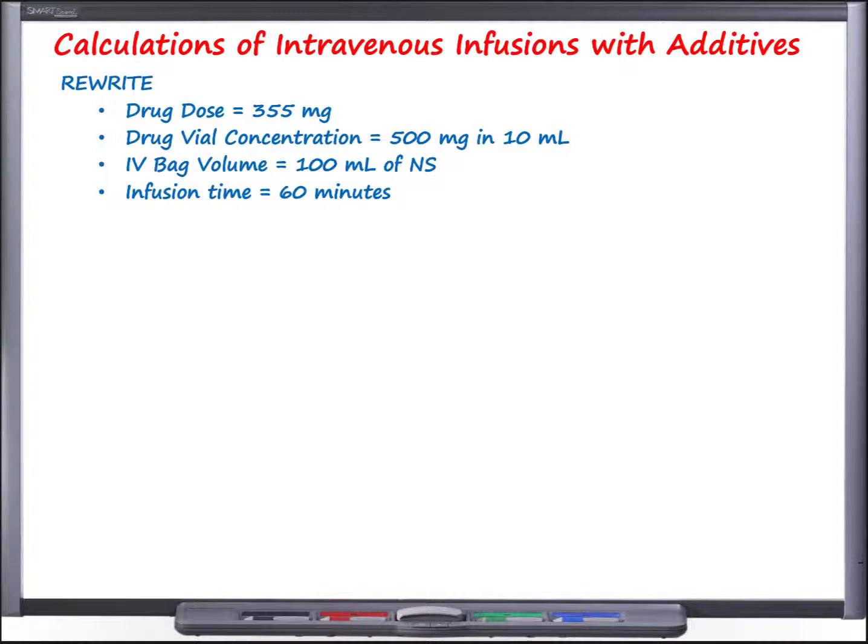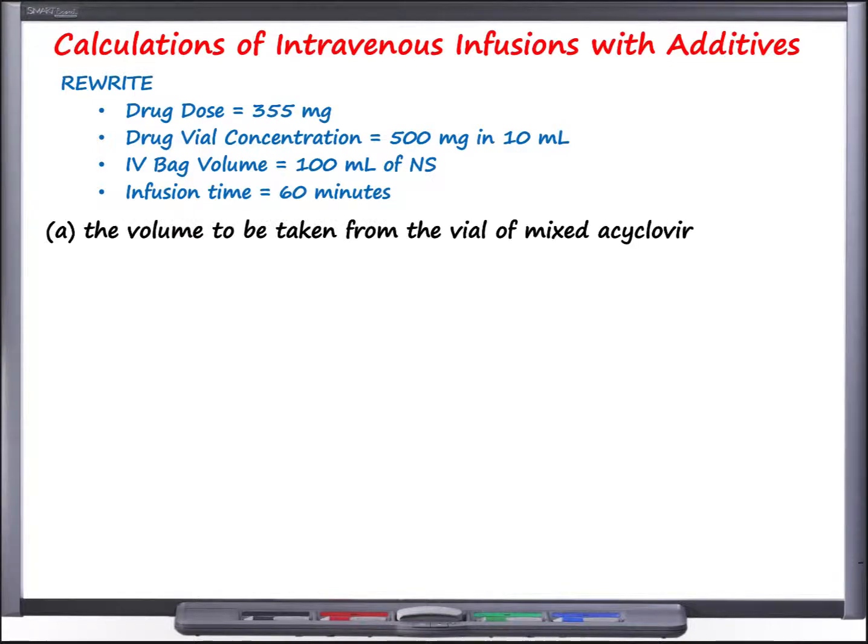I've rewritten that information here, and I'll remind you the first question was to determine the volume to be taken from the vial of the mixed, or reconstituted, acyclovir. So I'll show you my equation here. Where do we start? What do we want? We want 355 milligrams of acyclovir. That's the dose that we want. To get that dose, we simply need to look at the concentration of the drug in the vial.